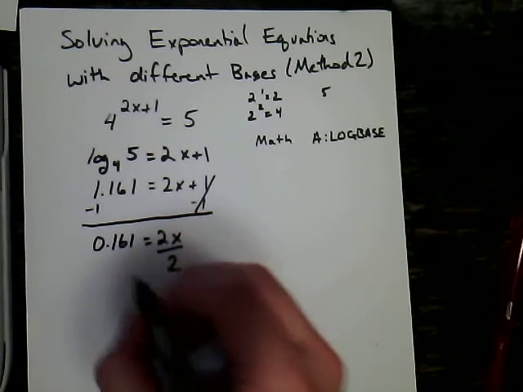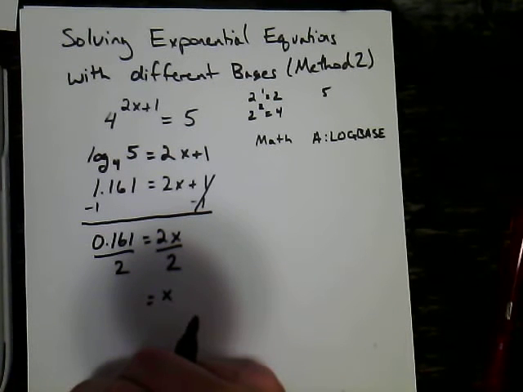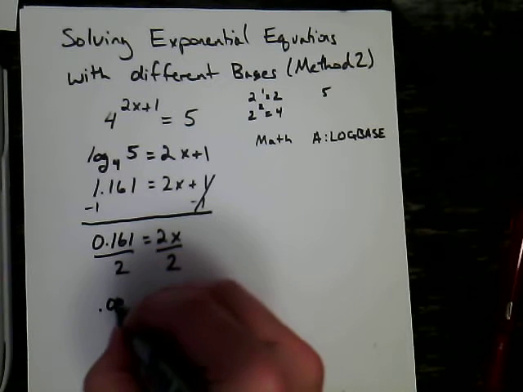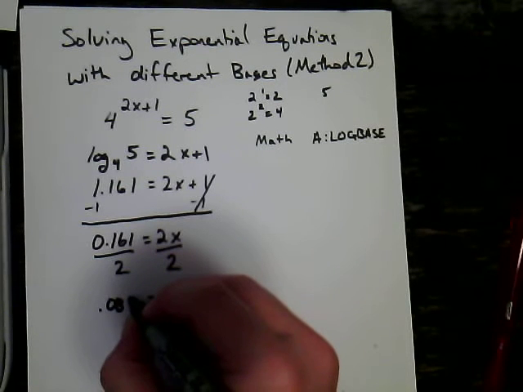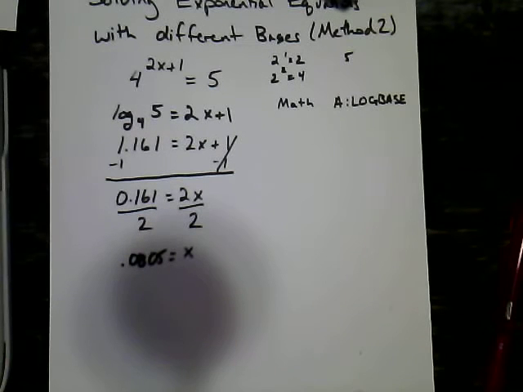Divide both sides by 2. x equals 0.0805. If you had 0.080, that would be fine. 0.081 would be fine as well, or you could have 0.0805. It'd just be different based on how you round it.